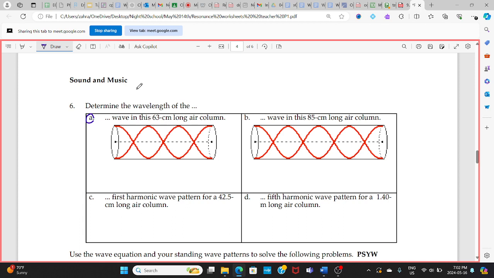Anyone? So you need to use this equation. L is equal to n over 2 lambda. You need to tell me which harmonic is that first. How many lambda do you see fitted in this picture?